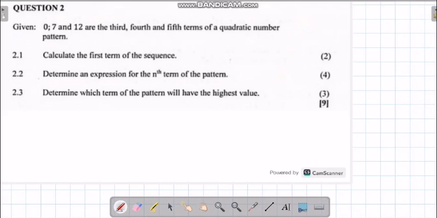Okay, let's check the other question. 2.1. It's saying given 0, 7, 12 are the third, fourth, and fifth terms of the quadratic. So this is term number 3, term number 4, term number 5. So let me draw that box.